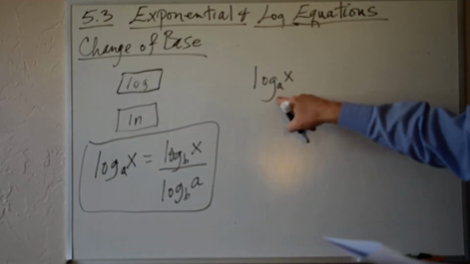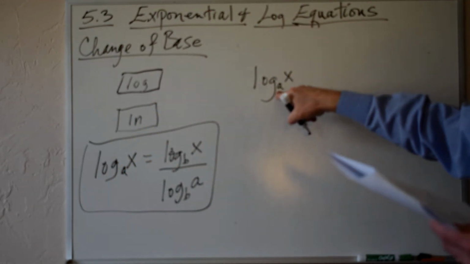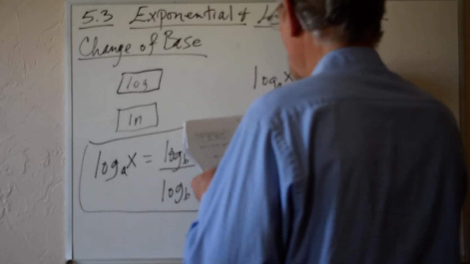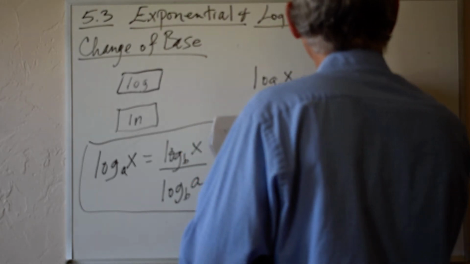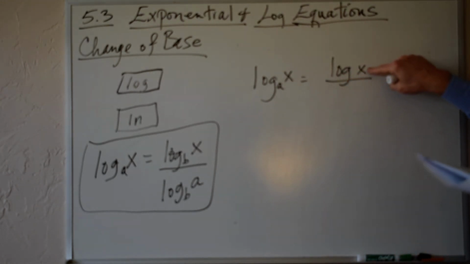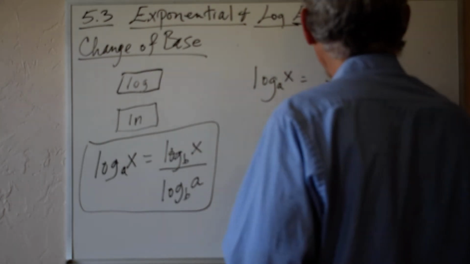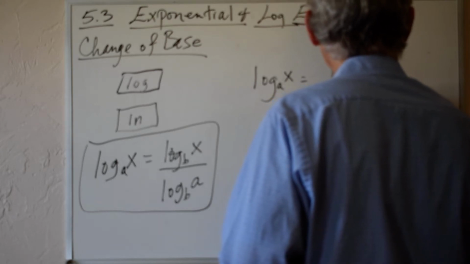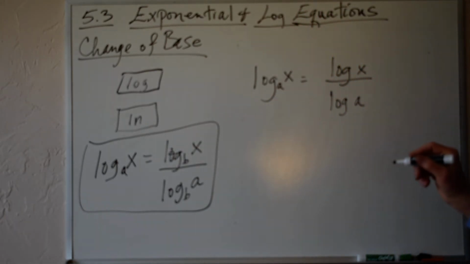So, if you start off with the log of x to some number a, you know that this is true. This equals the log base 10 of x divided by the log base 10 of a.